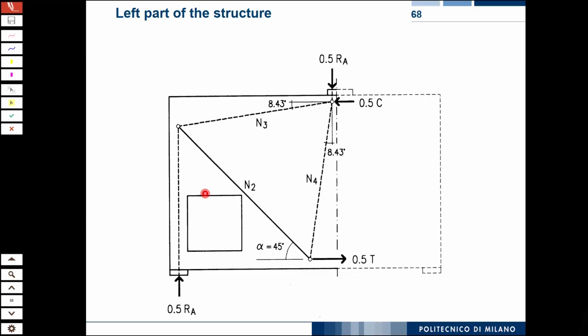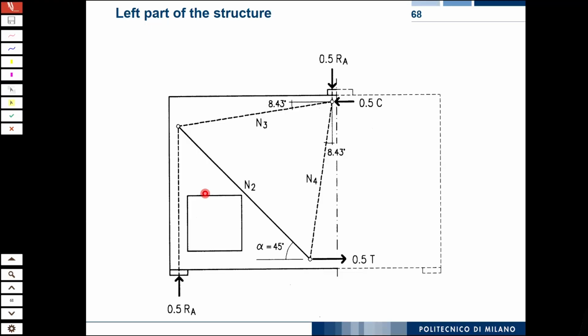If you design for the whole force, you end up with some impossibility of designing your strut and tie mechanism. You will end up with a lot of reinforcement that you cannot match inside. So what the engineer said, okay, let's try to pick up half of the force and design for this global mechanism.